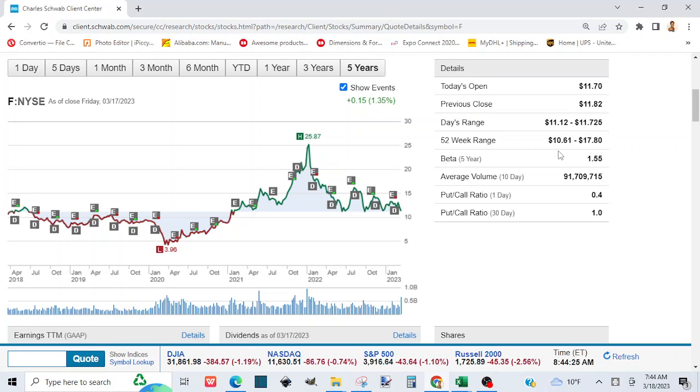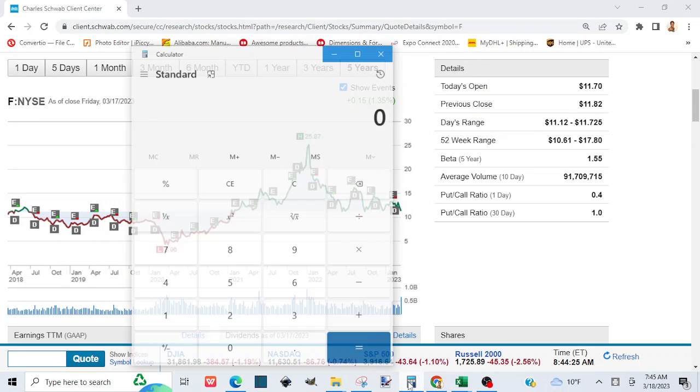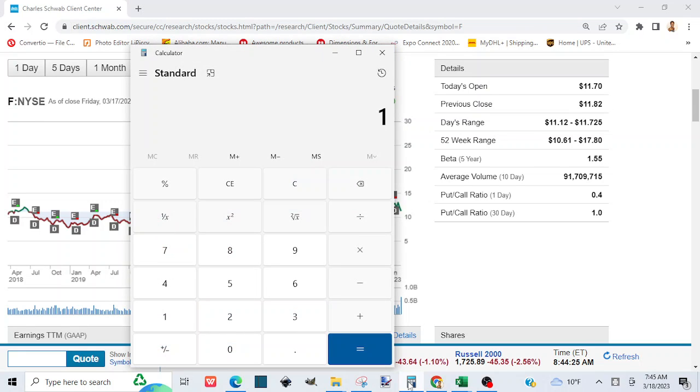But if you have a large share of that stock, when you buy at the lowest and it goes up $2, let's say you have 100 shares of Ford and you bought it for $11 each.